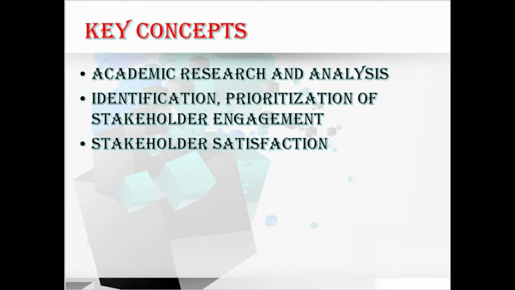Moving to the identification and prioritization of stakeholder engagement. The ability of the project manager and the team to correctly identify and engage all the stakeholders in an appropriate way can mean the difference between project success and failure.